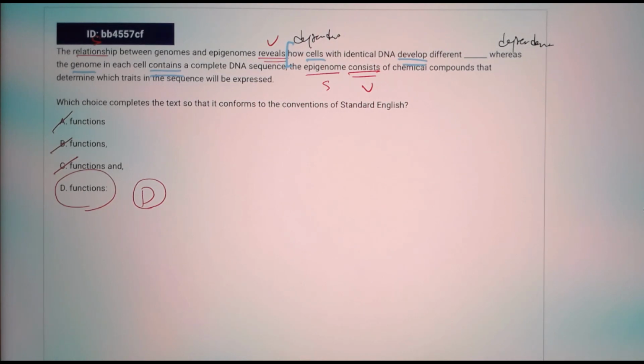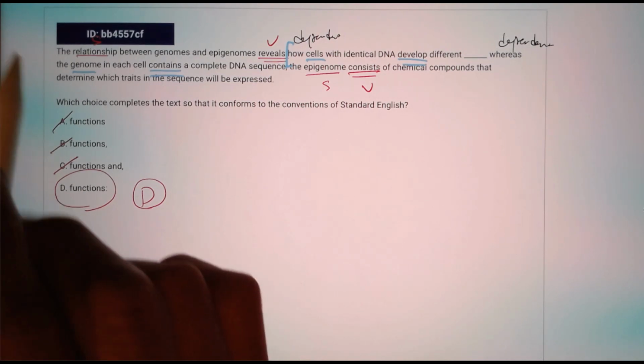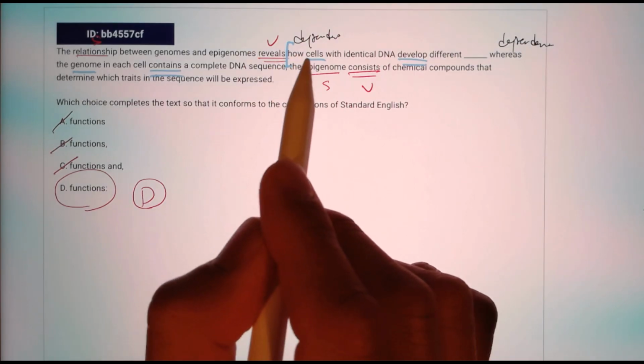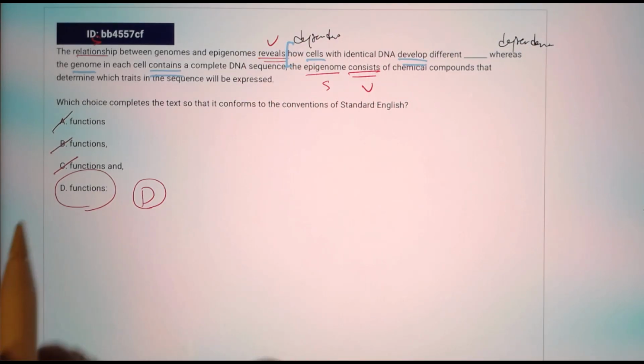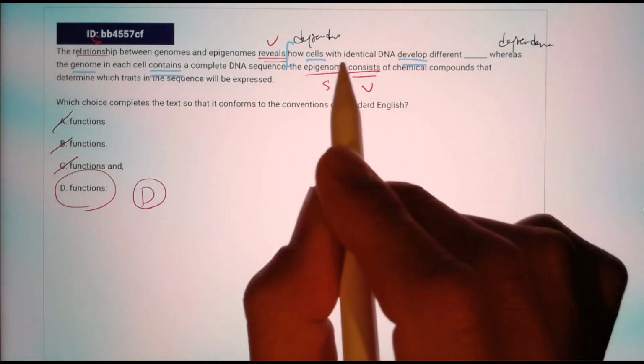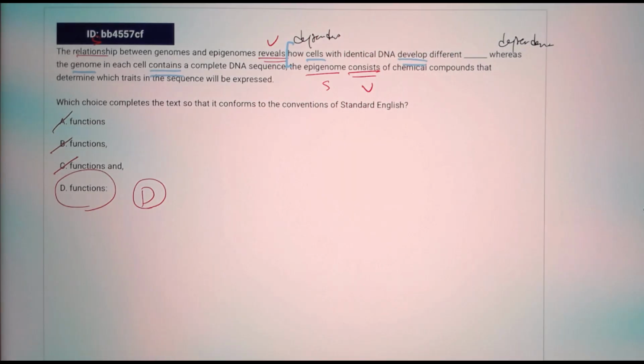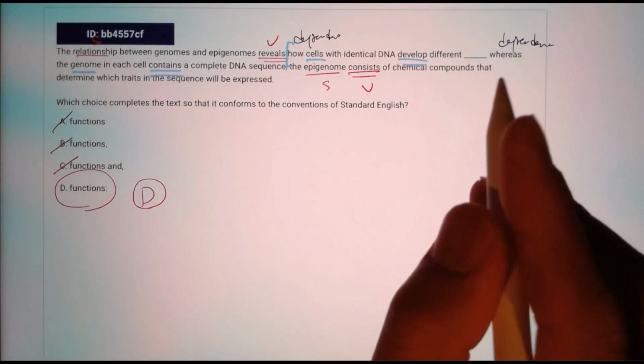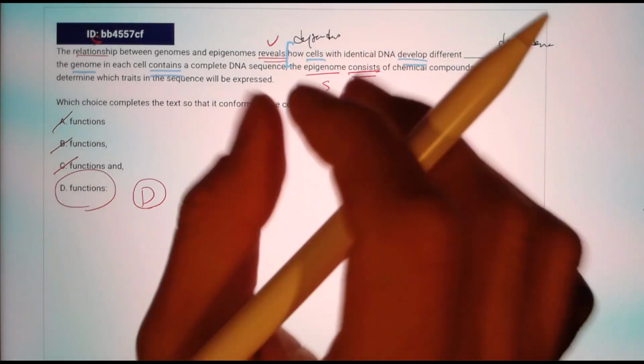Choice D, okay. So you mentioned that relationship reveals how cells develop, colon, and we make a specific detail, or a further clarification of the difference.